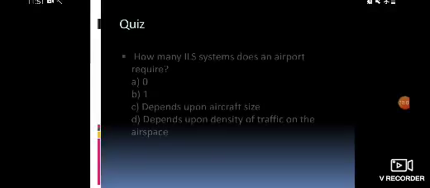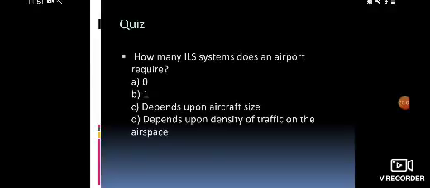And the next one is, how many ILS systems does an airport require? So when we are having an airport, how many ILS systems are going to be used? The first option is 0, the second option is 1, the third option is depends upon aircraft size, and the fourth option is depends upon density of traffic on the airspace. Please note this question.